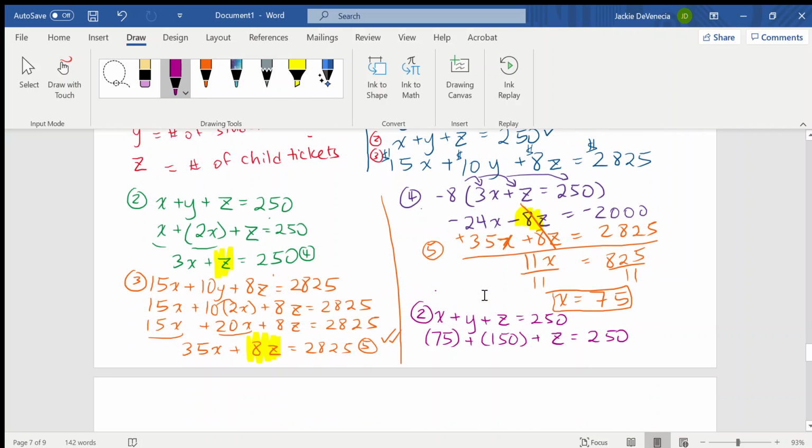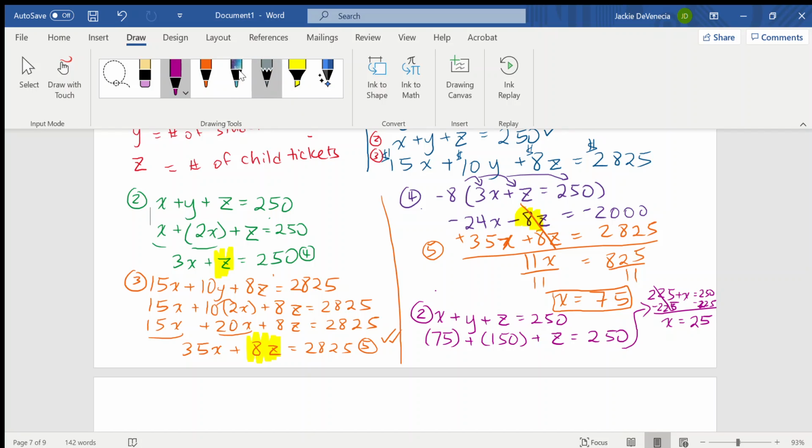150 plus 75, that's 225. So 225 plus z is equal to 250. You want to subtract 225 on both sides, and your z is just going to be 25, since 250 minus 225 is 25.